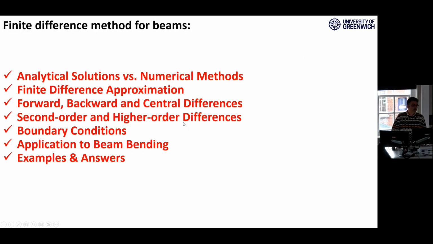Okay. Today, we're talking about a method which is called the finite difference method.